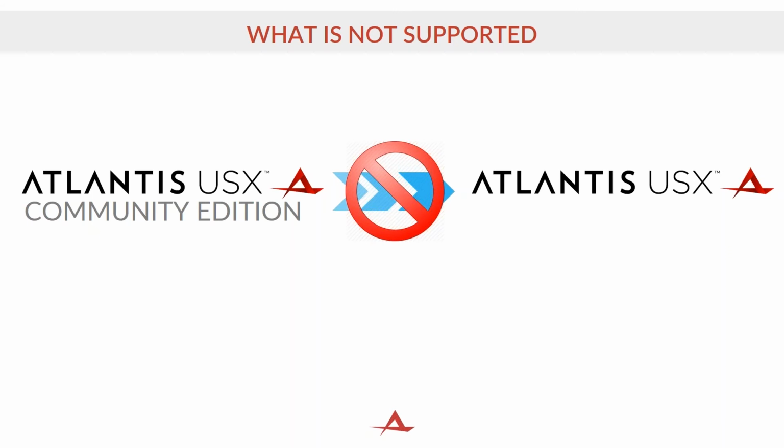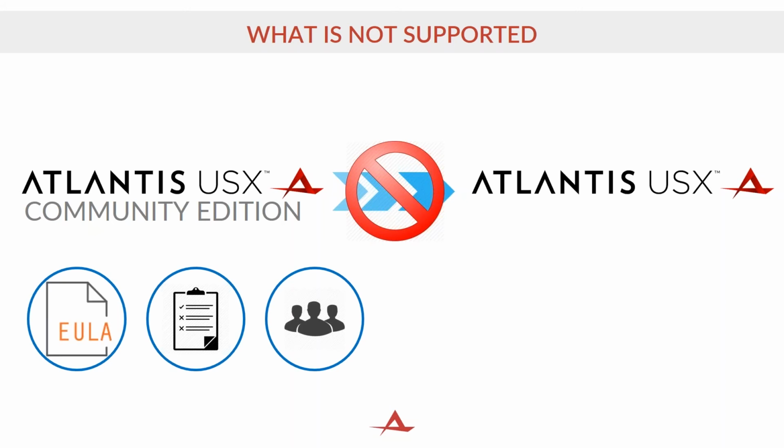Because we need to make sure that, if you're running workloads in production, that it's being set up appropriately by Atlantis or by a partner, or that it's been designed as required. So we're not making that step as part of the upgrade process. The other reasons why we're not doing this is because of the different EULA and of course the support model. Okay, so just keep that in mind.